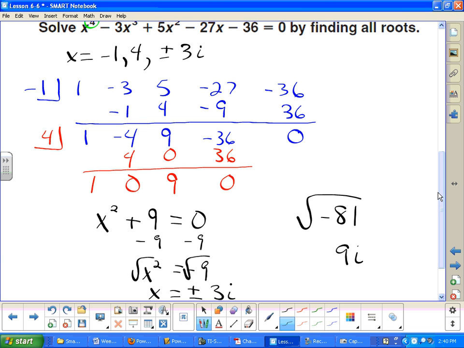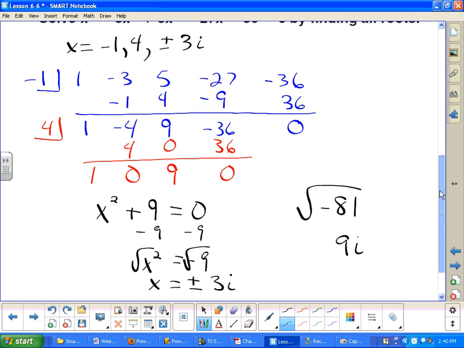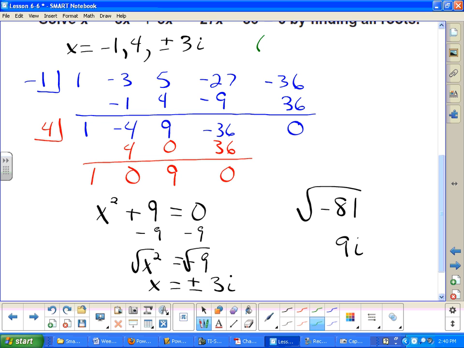So if your book or your teacher or whoever asked you to factor this, I could use that information to factor it, and I would have x plus 1, x minus 4, x plus 3i, and x minus 3i. And I just use that information to write it in factored form.